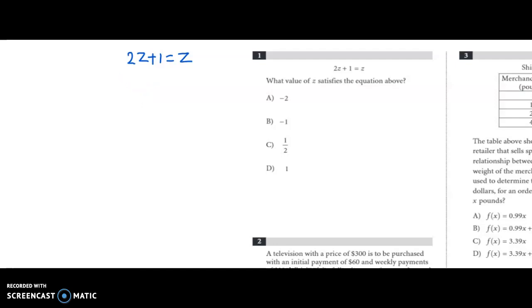So negative z, and that gives you z plus 1 equals 0, and then you can add negative 1 and negative 1, so finally you get z equals negative 1.